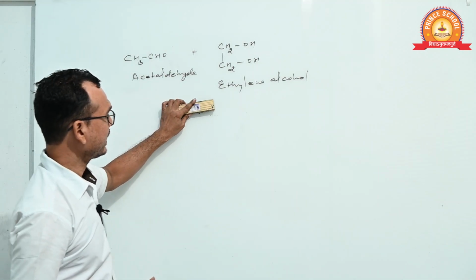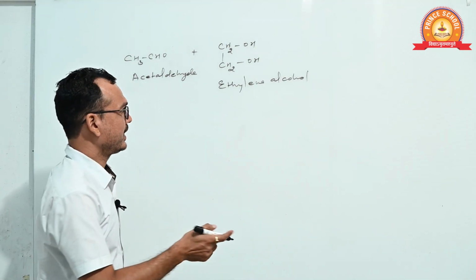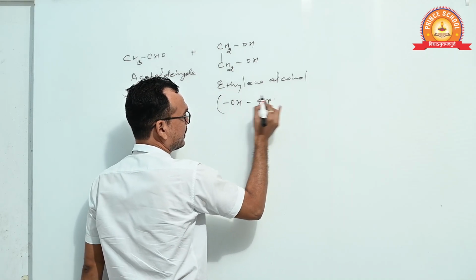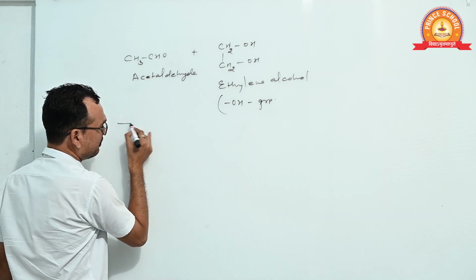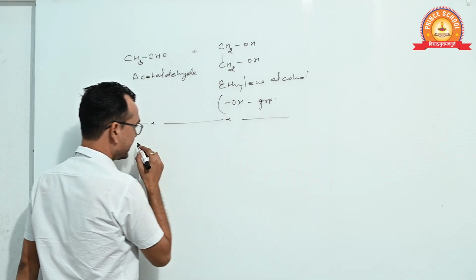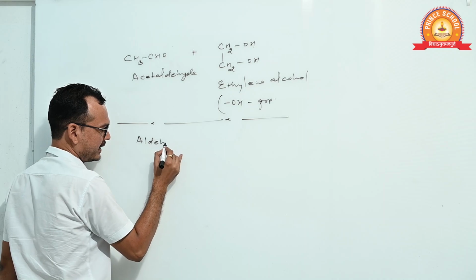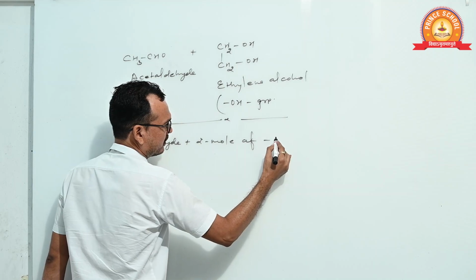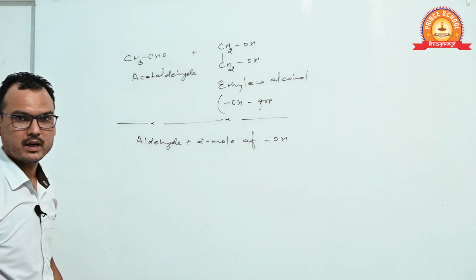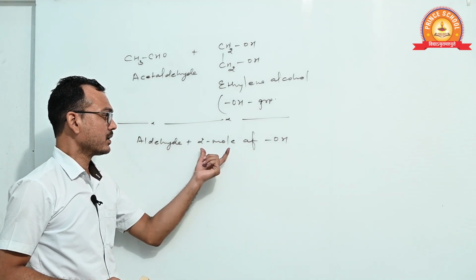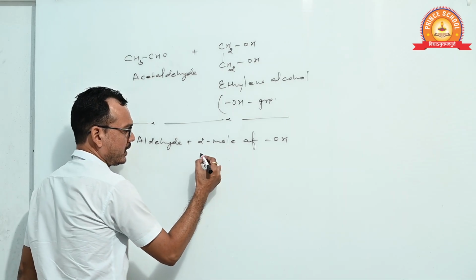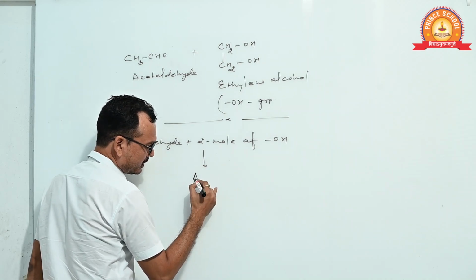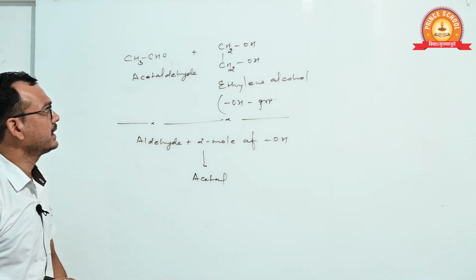This ethylene alcohol has 2 OH groups. It means this reaction is the reaction of aldehyde plus 2 moles of alcohol. And we know that when aldehyde reacts with 2 moles of alcohol, then it gives the acetal. Is that clear?